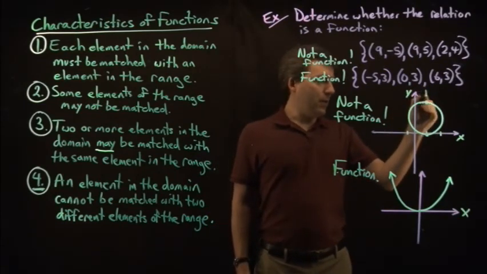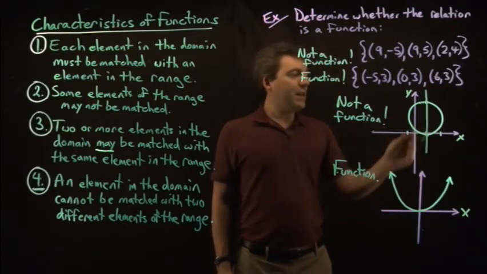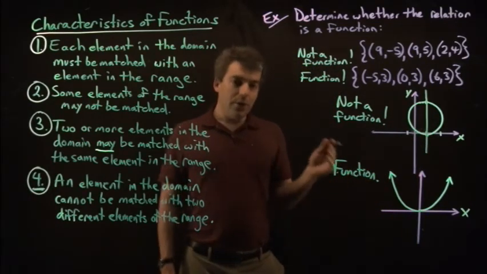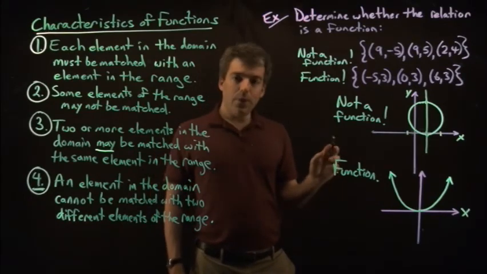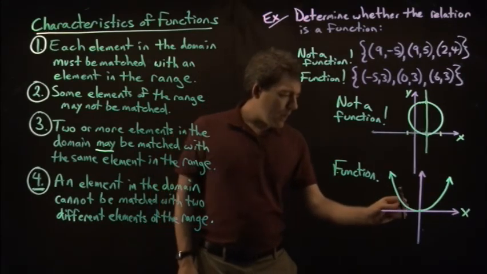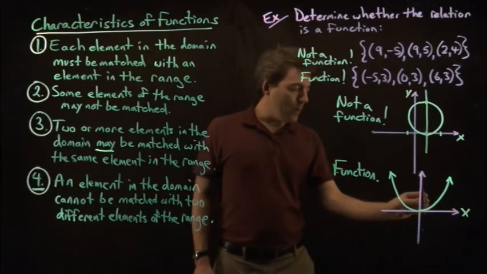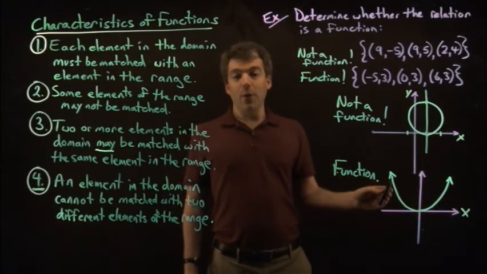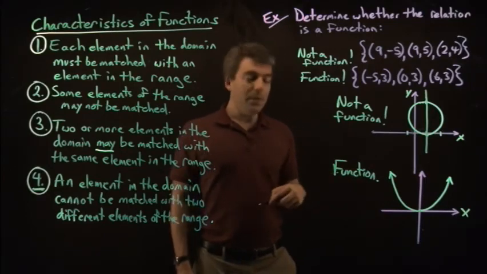So this vertical line intersects the graph multiple times. You can also visualize that on this fourth example. We can imagine a vertical line going across this graph. It would never intersect the curve more than once. Therefore, this is a function.